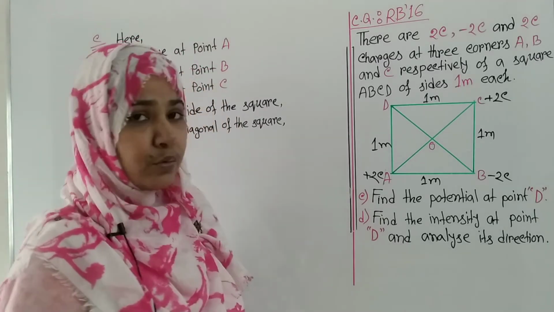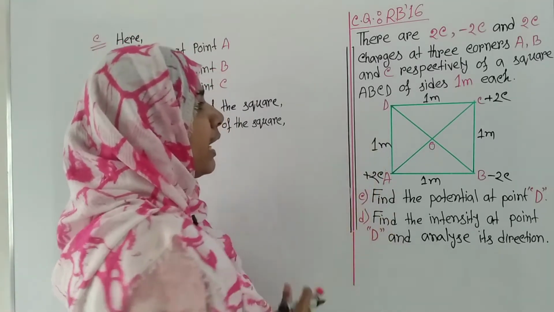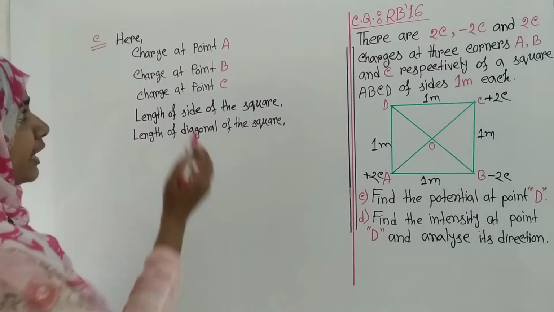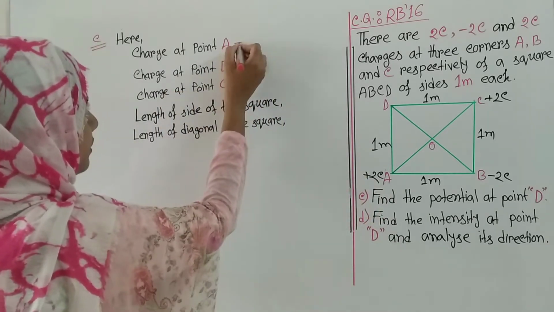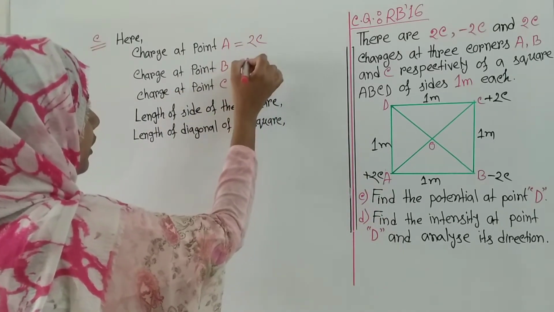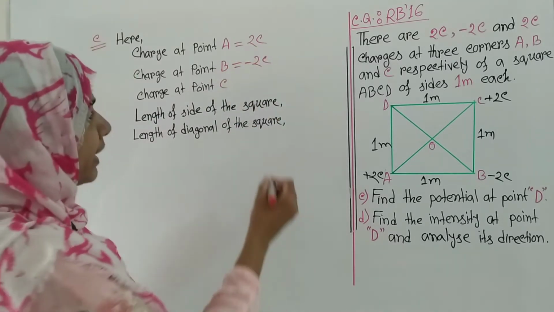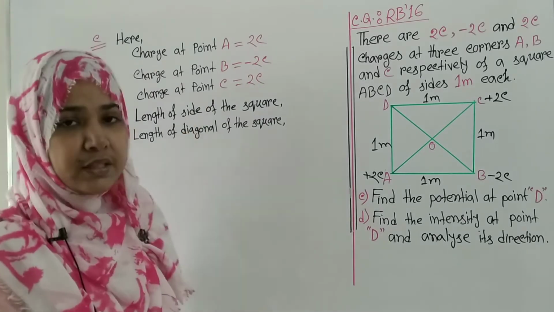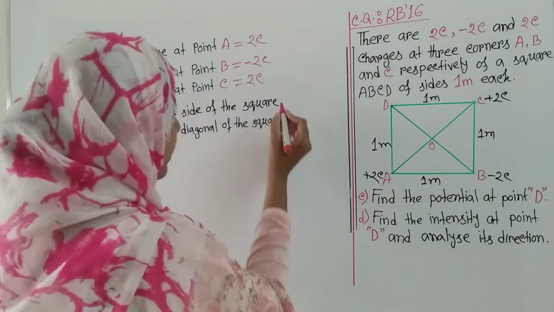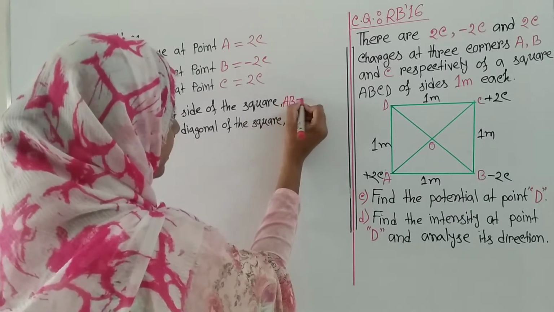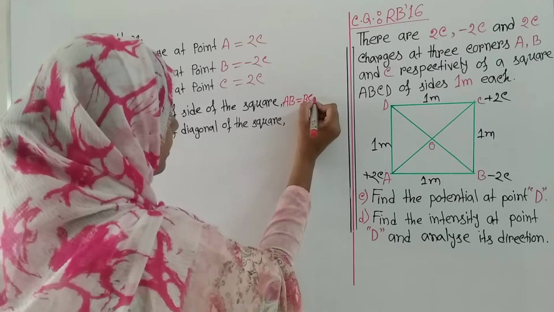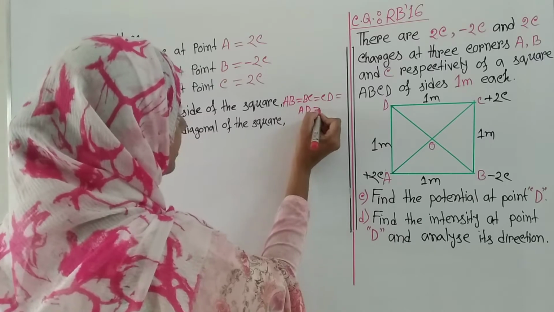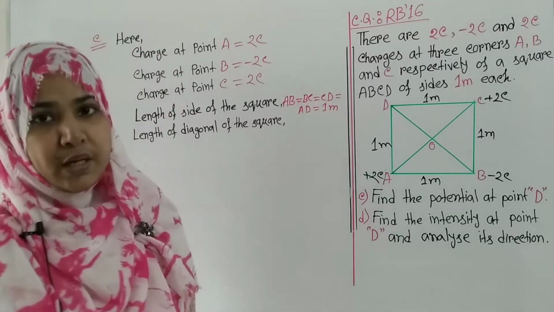So we need to calculate the potential at point D, and to calculate it, the given information is the charges: at point A, 2 coulomb, at point B, minus 2 coulomb, and at point C, 2 coulomb. Now the length of the side of the square, AB equals BC, CD equals AD, and the value is given here as 1 meter.